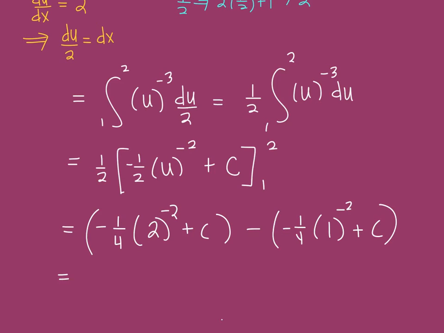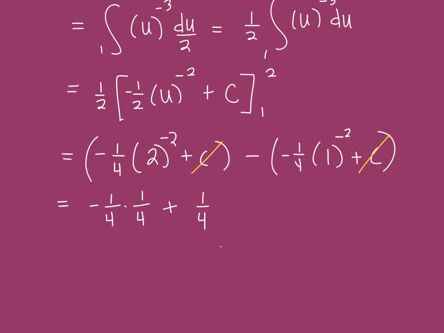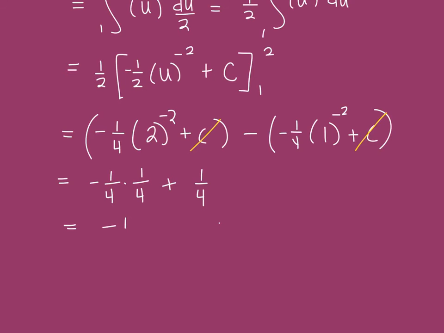So we just want to clean all of that up. That's negative 1/4 times positive 1/4. The plus c's cancel out. And then plus 1/4. So we're looking at negative 1/16 plus 1/4, and if you add fractions, negative 1/16 plus 4/16, so altogether 3/16.